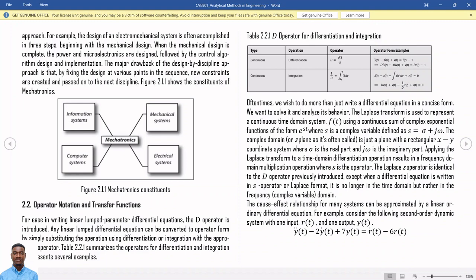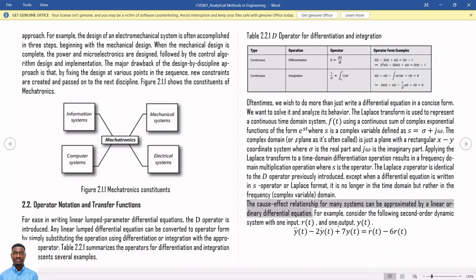So what we're going to be working with is actually to rewrite these equations, either differentiation or integration, using the Laplace form. And we all know that in the Laplace, we have systems that are time varying. We also need to know that the cause and effect relationship for any system can be approximated by a linear or ordinary differential equation.